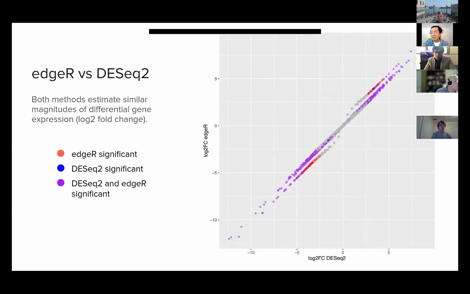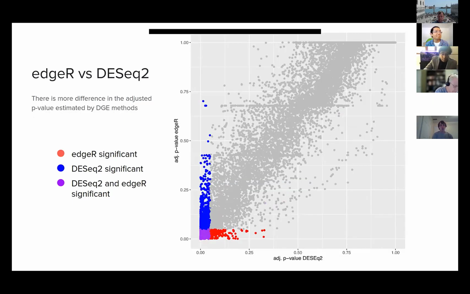I briefly mentioned that I used two different gene expression assessment pipelines, and the reason for doing that is that although these two tools have been shown to agree to a great degree in their estimation of the magnitude of the differential gene expression, here represented by the comparison of the log2-fold changes in the two different methods that follows a clearly linear pattern, they tend to disagree in other respects, particularly with the level of statistical significance.